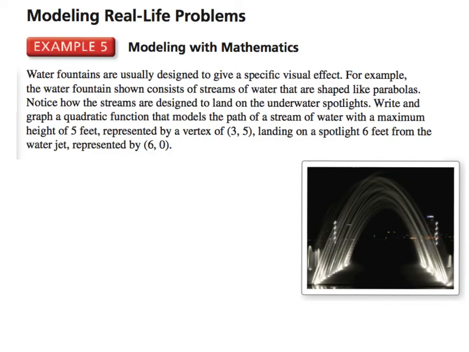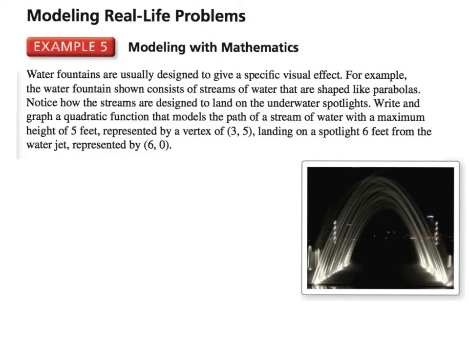For example, the water fountain shown consists of streams of water that are shaped like parabolas. Notice how the streams are designed to land on underwater spotlights. Write a quadratic function that models the path of the stream of water with a maximum height of 5 feet, represented by a vertex of 3, 5, landing on a spotlight 6 feet from the water jet, represented by 6, 0.